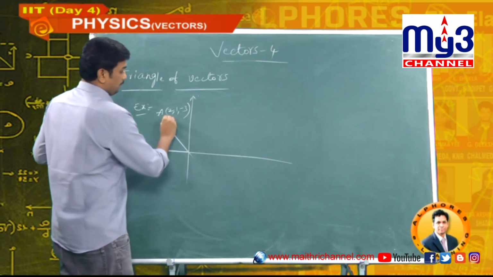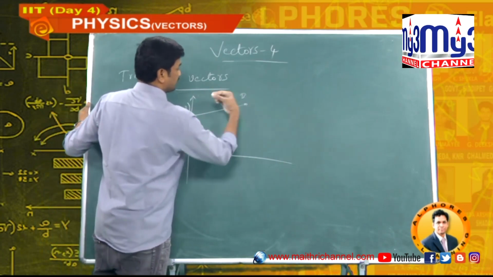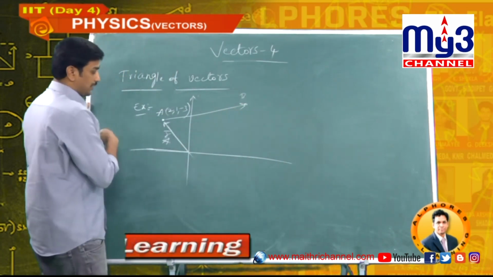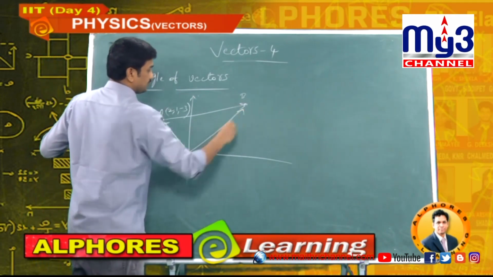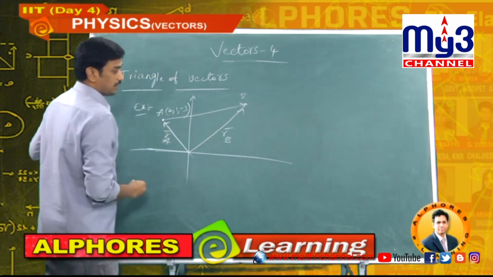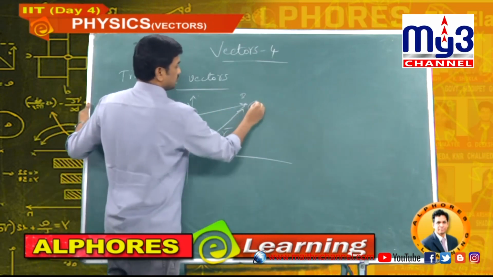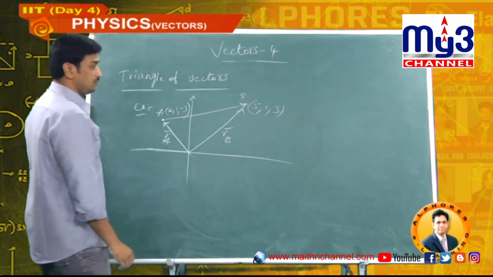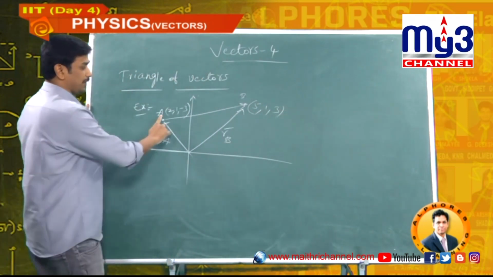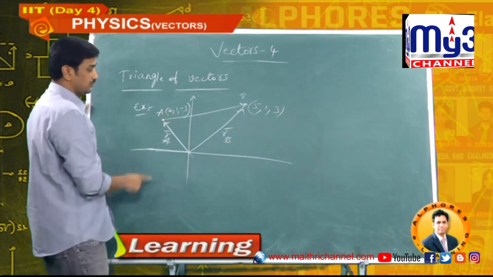Now the particle travelled from A to B. What is the final position vector of the particle? RB bar. Now the final position is 5, 1, 3. Now they are asking to calculate the displacement of the particle from A to B.